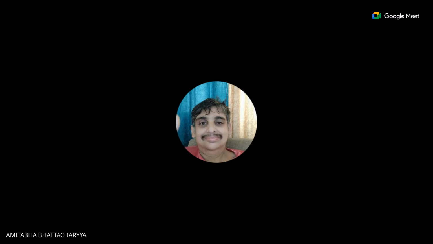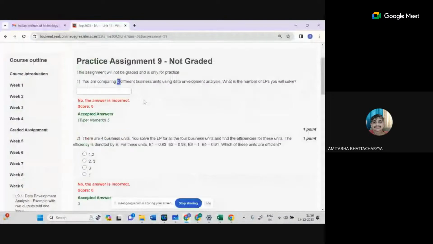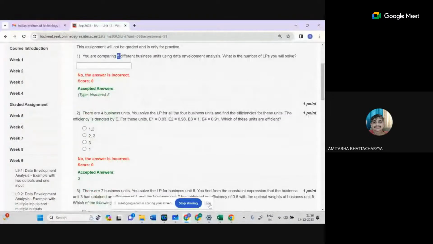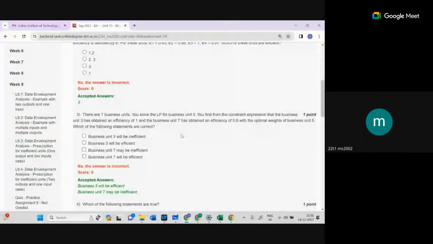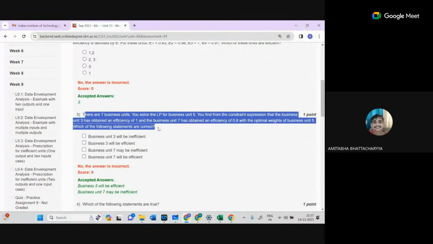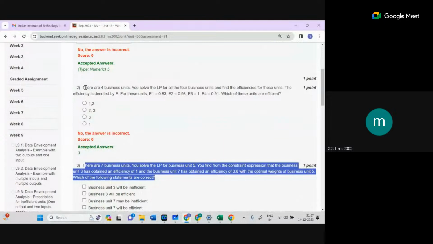Should I take the top 2? Why am I not taking E3 alone? I understand E3 has the maximum efficiency, but why did I choose E2, 0.98? Which question are you talking about? The third one, practice assessment second.